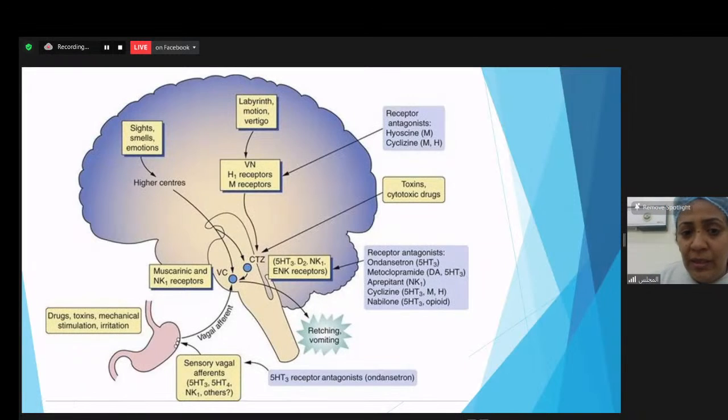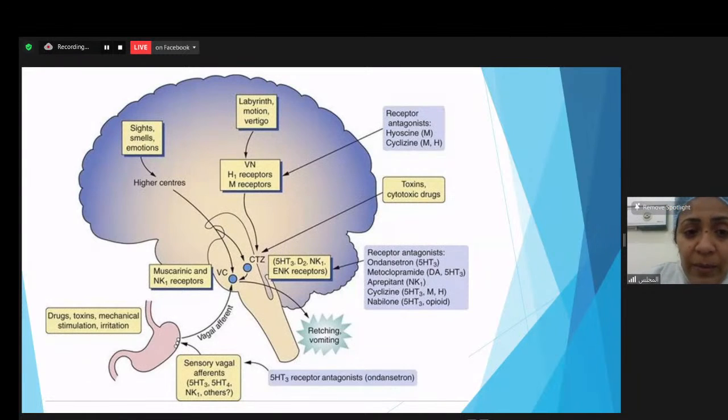Even the drugs that are in the market now for these two types of receptors are considered new drugs. The old ones that we know, اللي هي عندنا serotonin and dopamine, are both found in the chemoreceptor trigger zone.